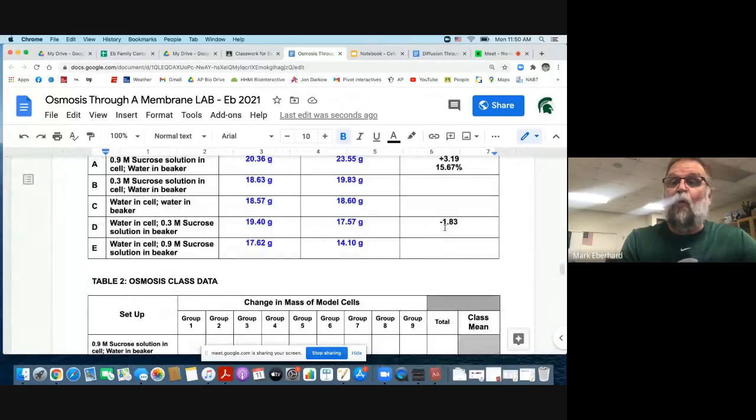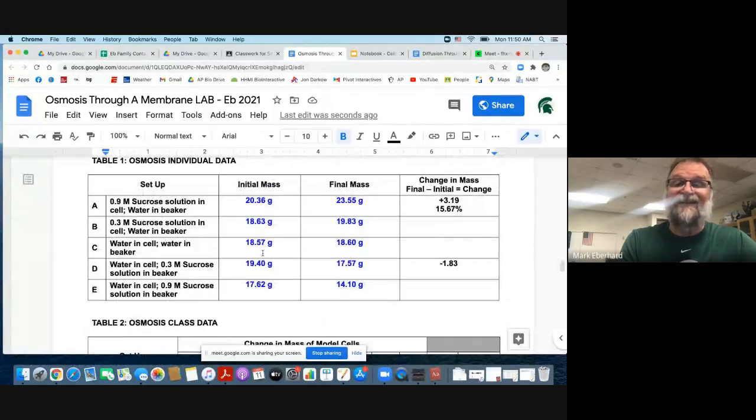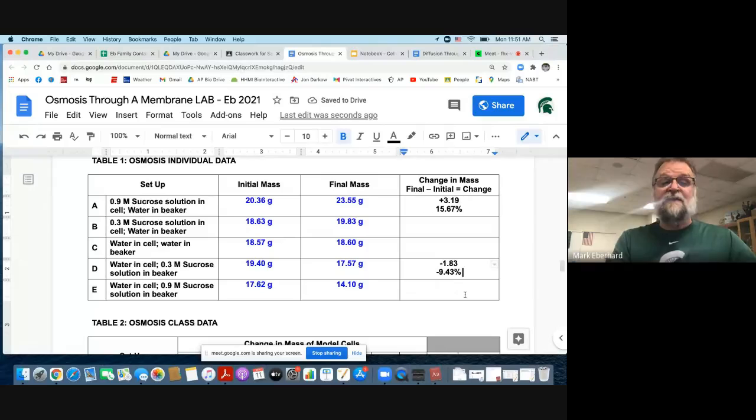So negative 1.83 divided by 19.4 times 100 comes out to negative 9.43%. That tells me this tube got 9.43% smaller.